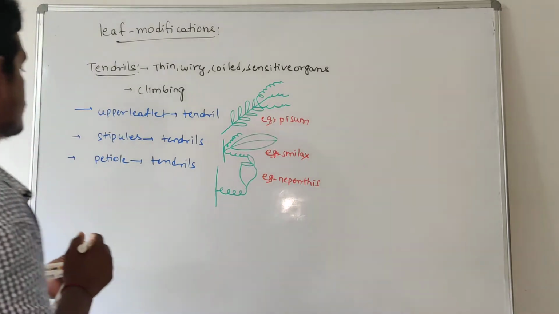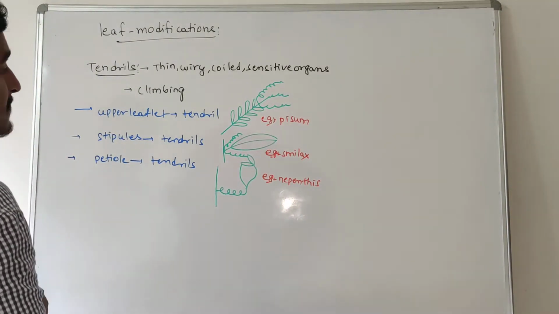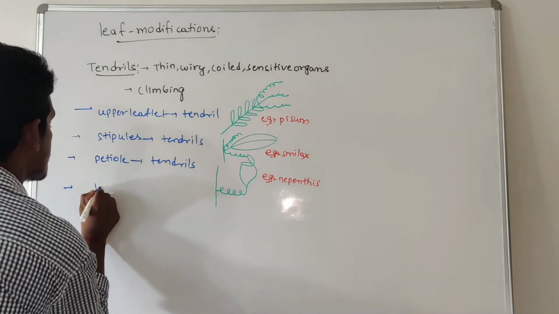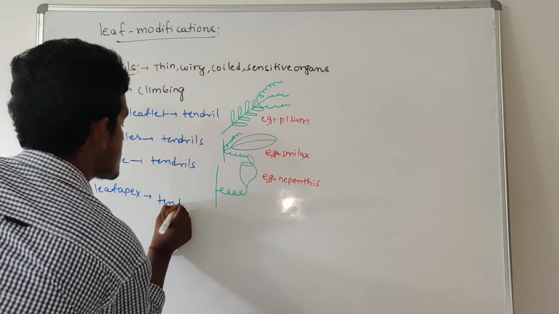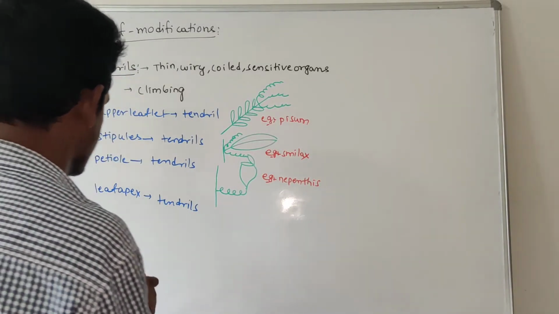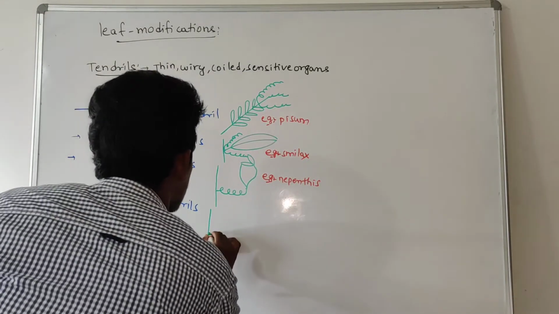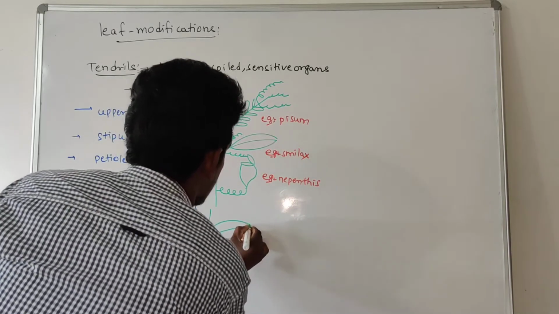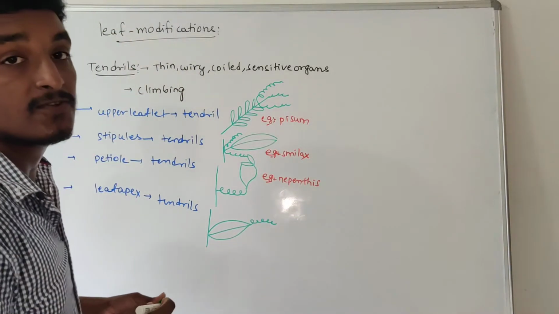Those are trap leaves, right? In some plants, the leaf apex may be modified into tendrils. The example for this one is gloriosa. See, it is a leaf where the leaf apex may be modified into tendrils.